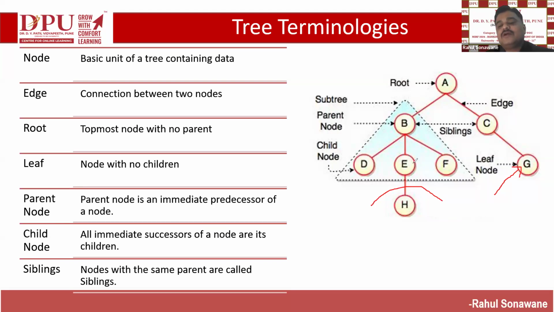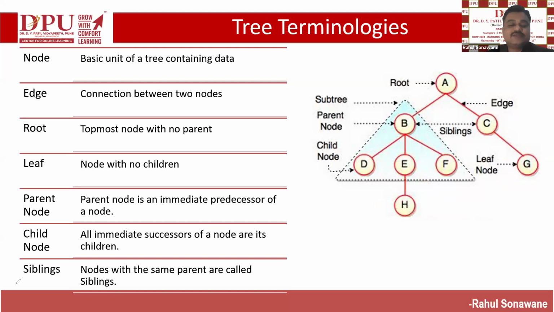Let's talk about the node E. The immediate predecessor of E is B, so you can say B is the parent of E. B's parent is A. Or you can say A has two children, B and C. The child node is nothing but the successor of a particular given node. So the leaves do not have any children.